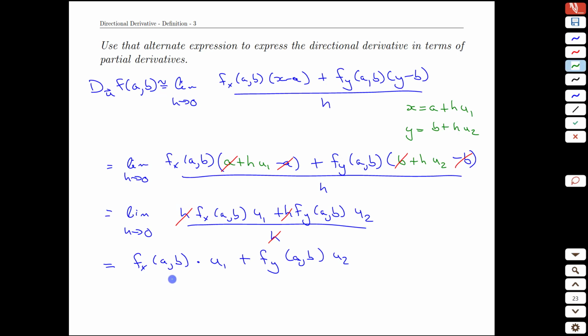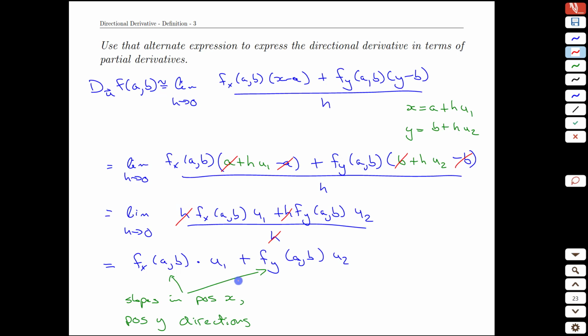Now, what do those pieces represent again? Well, these two elements here represent the surface slopes in the positive x and positive y directions, and that is then combined with where we're moving. So if we were to move in the positive x direction, we'd get this slope.